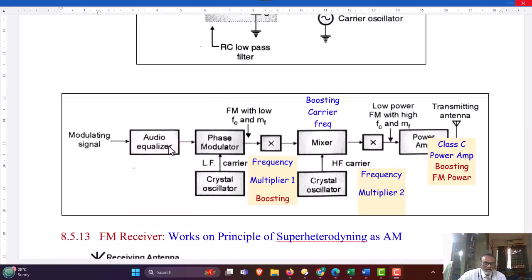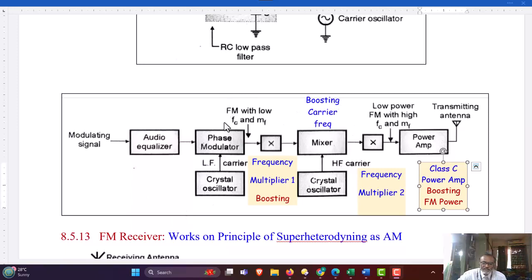The modulating signal is there. An audio equalizer is optional. It is basically a filter which can modify the various frequency bands of the modulating signal. Again, it consists of a phase modulator which will mix the frequency of a crystal oscillator with the modulating signal. So FM will be generated at the output of phase modulator 1.